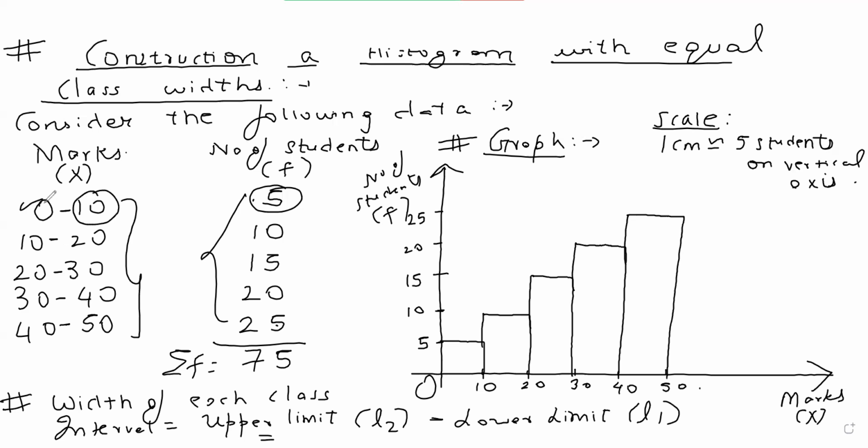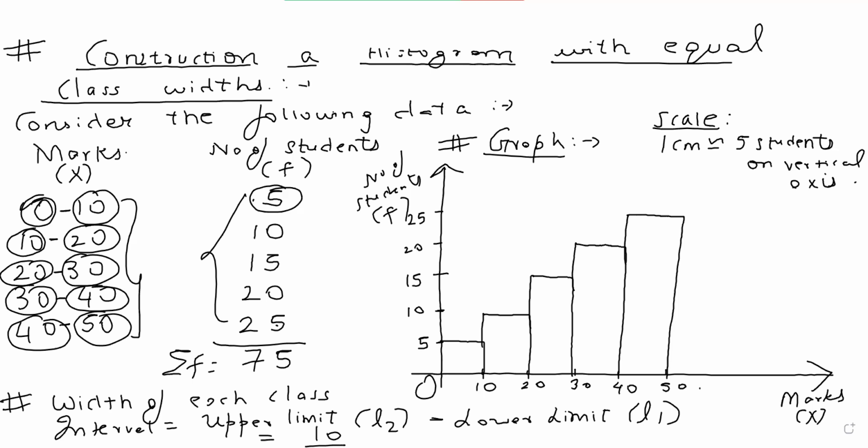You can clearly see 10 minus 0, 20 minus 10, 30 minus 20, 40 minus 30, 50 minus 40. All of them have the same width, which is 10. So these are histograms for class intervals which have equal width.